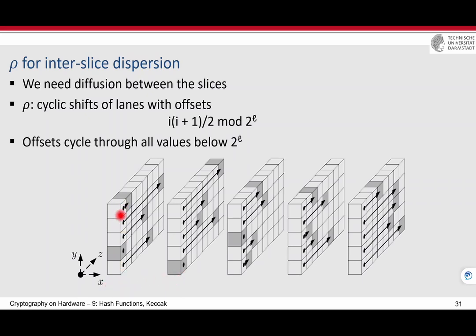One of them is for example x equals 0. For x equals 1, you have another kind of permutation, and for each x you have a different form of permutation.